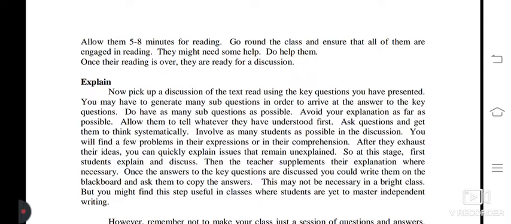Once the answers to the key questions are discussed, you could write them on the blackboard and ask them to copy the answers. This may not be necessary in a bright class, but you might find this step useful in classes where students are yet to master independent writing.